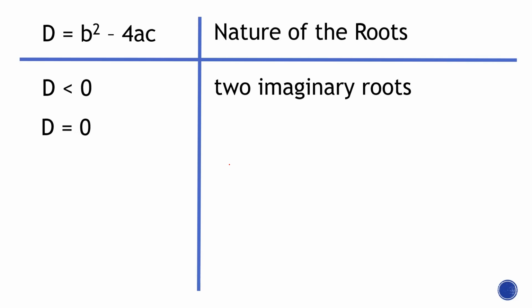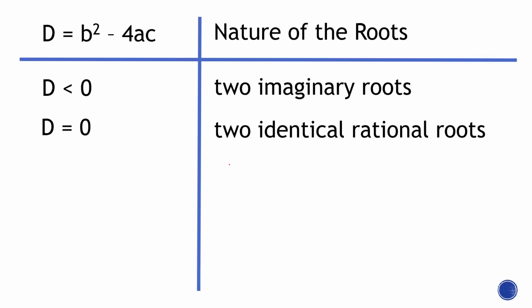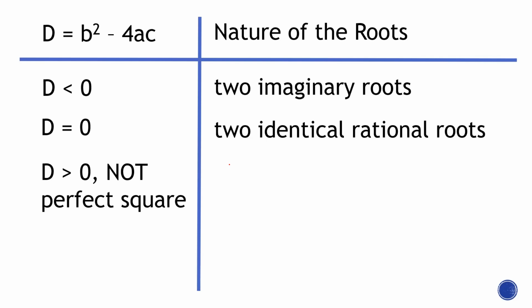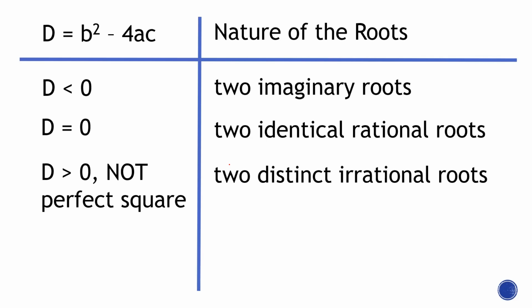The first one is if D is exactly equal to 0, then you will have two identical rational roots. The next possibility is if your D is greater than 0 but not a perfect square number, then you will have two distinct irrational roots.